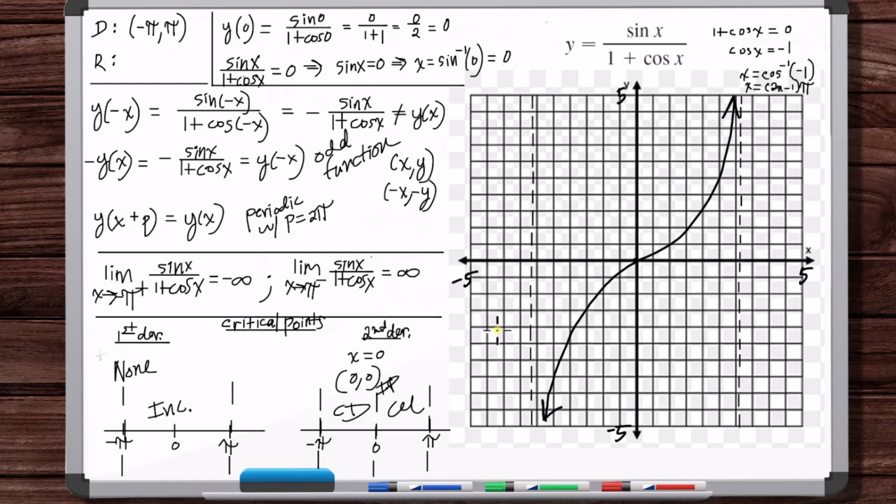Like that. Okay, so we have an inflection point here. It changes from concave down to concave up. Is that what we see? Concave down to concave up. But we're increasing the entire time. That's what we see. The limit as x approaches the endpoint minus pi from the right is negative infinity. The limit as x approaches positive pi from the left is positive infinity.